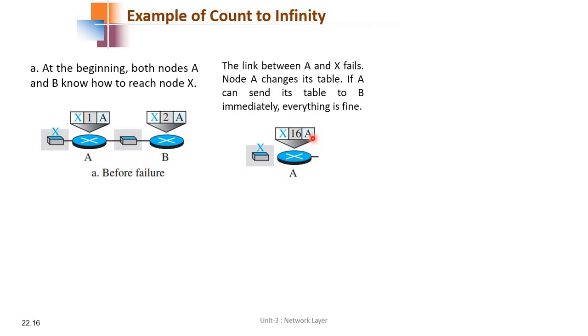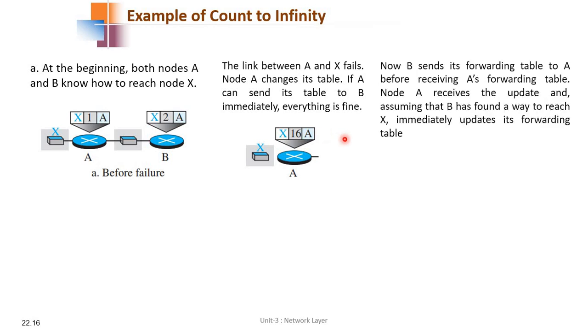But if it doesn't transfer this information to the nearby neighbors, what will the others think? If device B wants to transfer data to device X, it will try to transfer, because B doesn't come to know that the connection between router A and X is broken. If a connection is broken, we are supposed to update that information to all the routers in the tree. If we don't, that is the problem we are going to face.